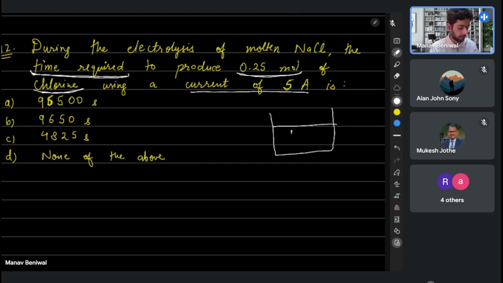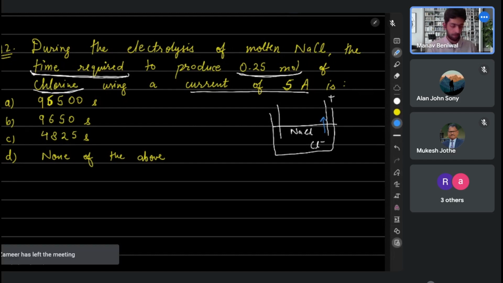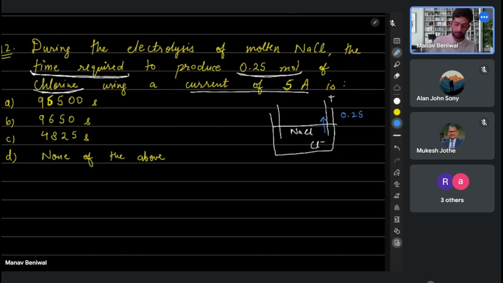So this is our NaCl, and here we have two electrodes, and then let's say this is the positive electrode. So the chlorine gas will be, because chlorine is what, Cl minus, so chlorine gas will be released here, correct? Now how much time it will take so that 0.25 mole of chlorine gas is released? I hope the question is clear, right?